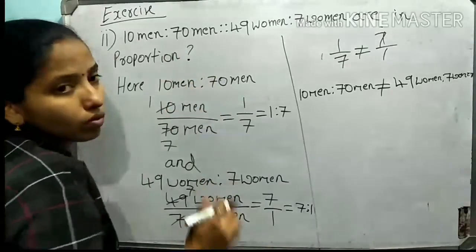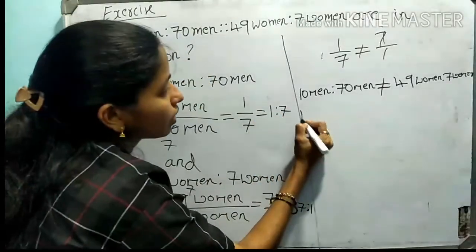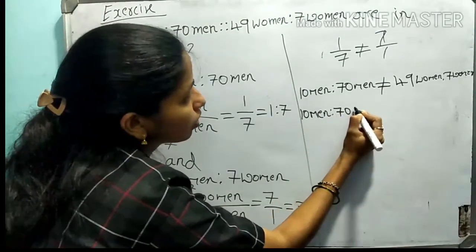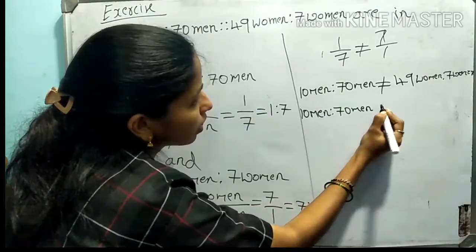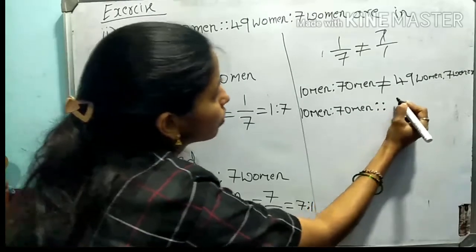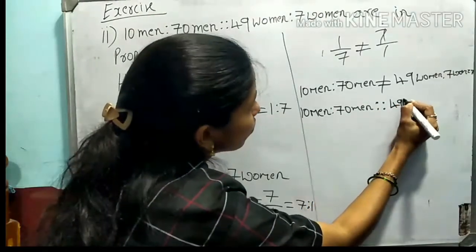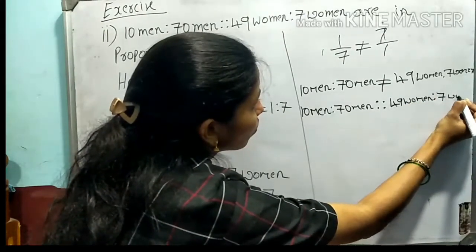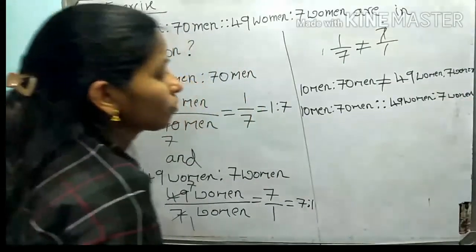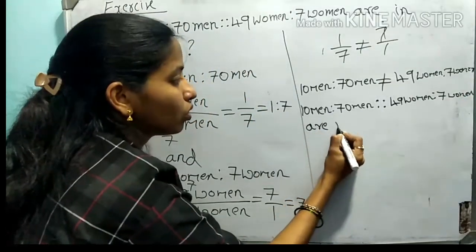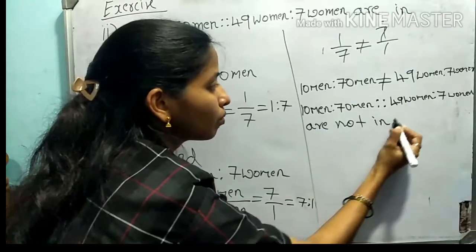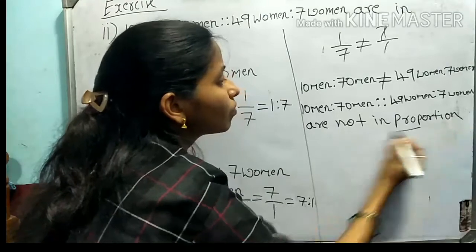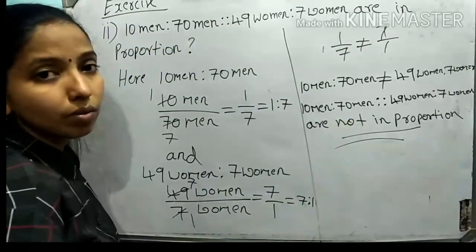So 10 men, 70 men, 49 women and 7 women are not in proportion. So this is not in proportion.